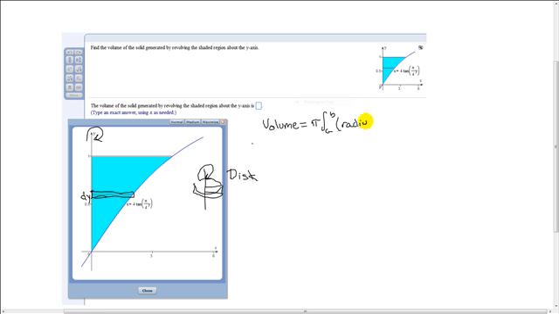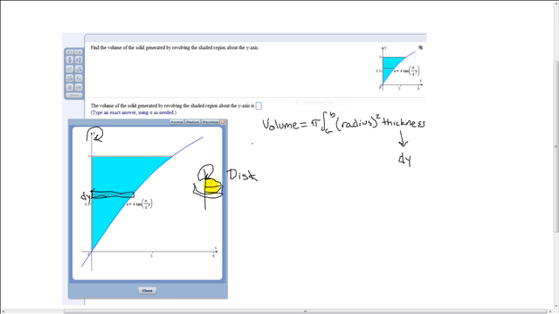Times the radius squared times the thickness of the disk. Okay, in this case I just talked about how the thickness of the disk in this problem is going to be dy. The width of that typical rectangle is an increment in y values. So dy for the thickness.